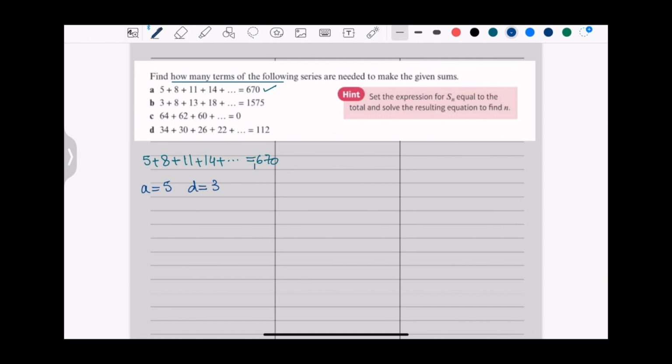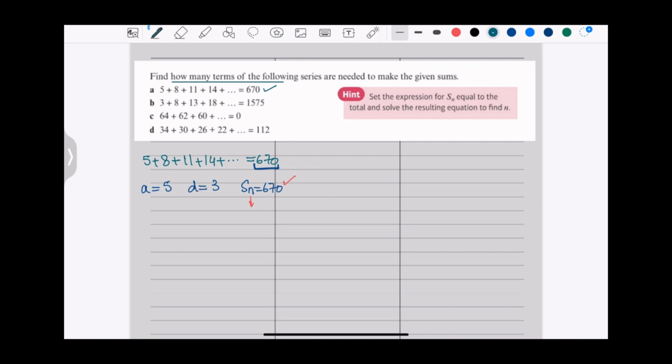I have the sum already, but I don't know how many terms it takes to reach that sum. So I write Sn equals 670. I don't know n, and this is what I need to find out.